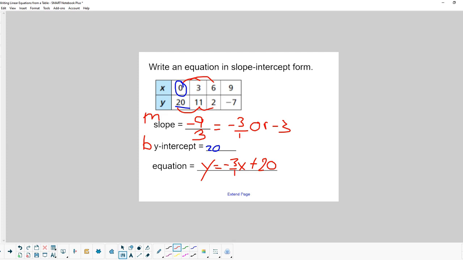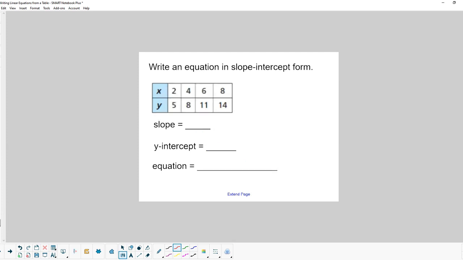All right, you're starting to get the hang of it. Now let's look at this chart, and we're going to start with the y-intercept again, but we notice there's no 0 on here. We're looking for an x value of 0. So what are we going to do? Well, let's look at our pattern. If we go this direction, the x value is going up by 2.